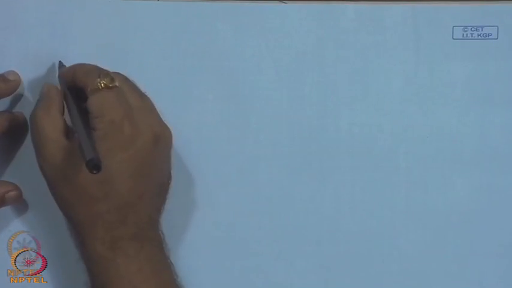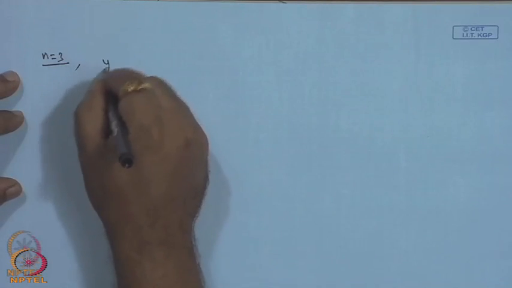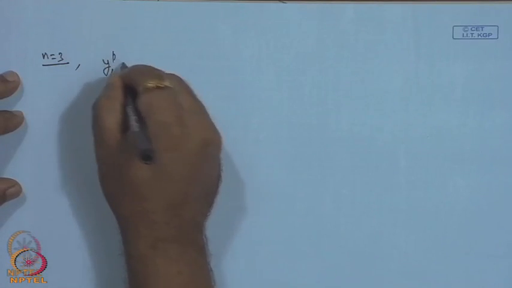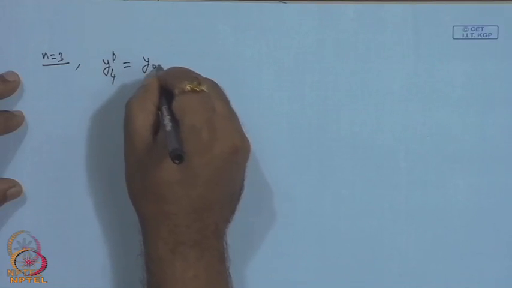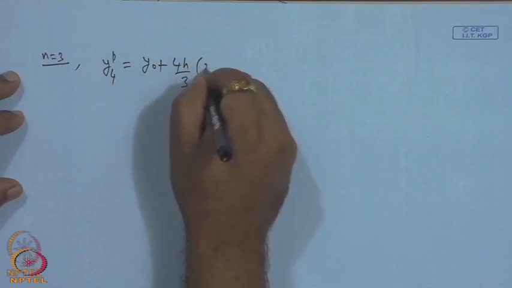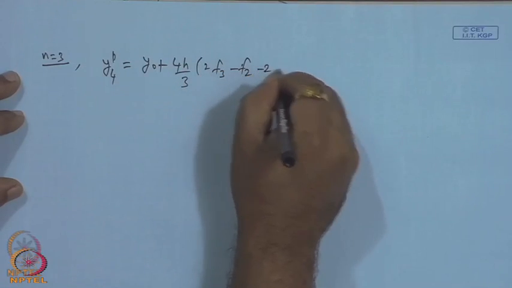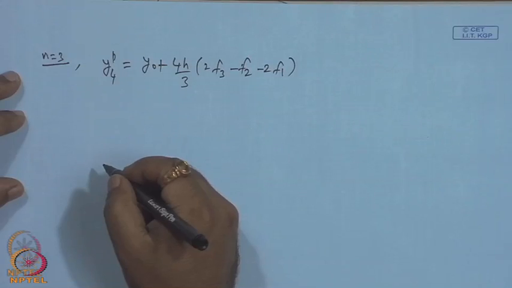Okay. So, let us go for the n equals 3 case. y4 p equals y0 plus 4h by 3 times (2 f3 minus f2 plus 2 f1). Okay.